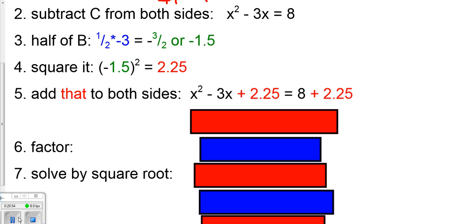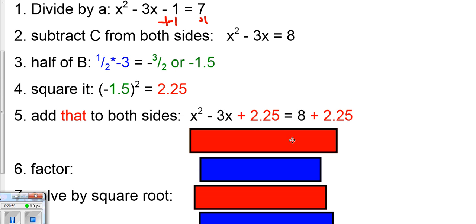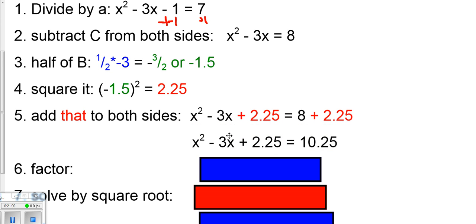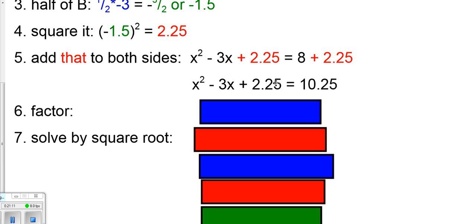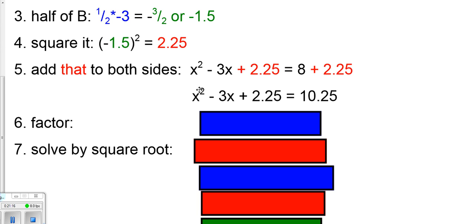From here, we now simplify our equation, and we get x squared minus 3x plus 2.25, or 2 1/4, equals 10.25, or 10 1/4. Now, it might be kind of hard to see how to factor this, but remember our trick. It's always our variable, and then we just add on this extra piece, this number, and then square it.